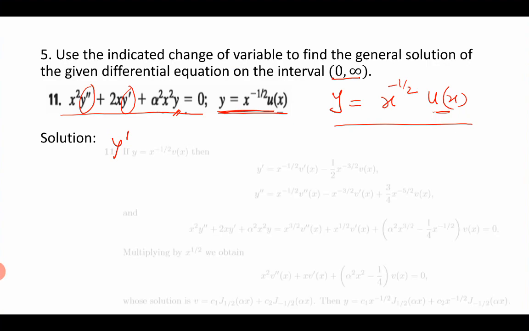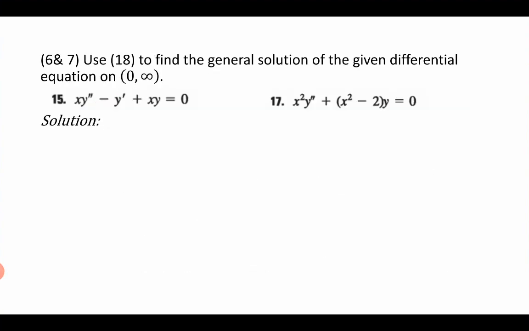This problem has been solved and the answer is given here. Use 18 to find the general solution. Now we have to compare with a different form of Bessel's differential equation.